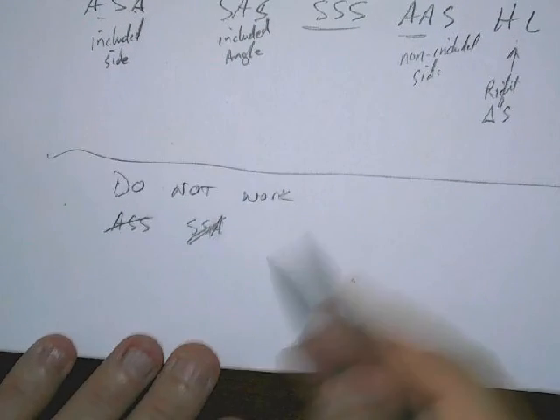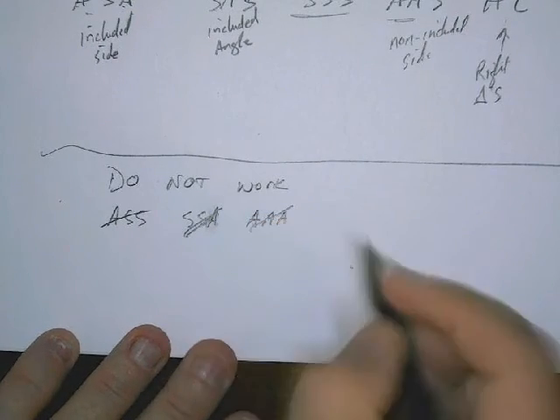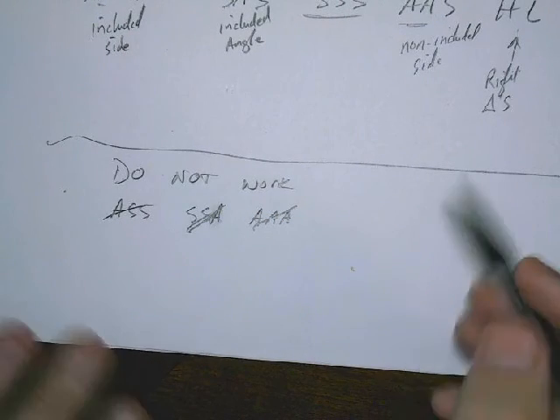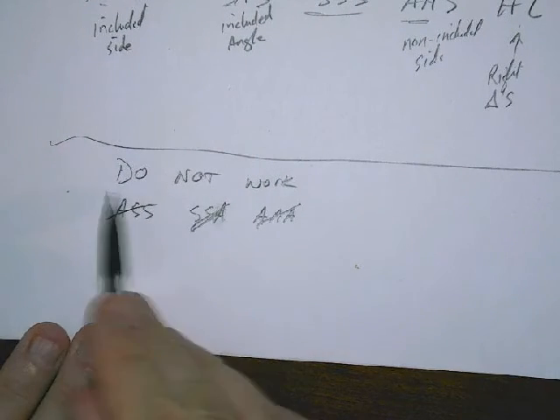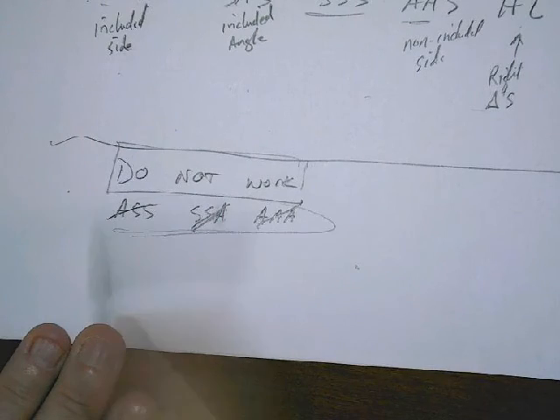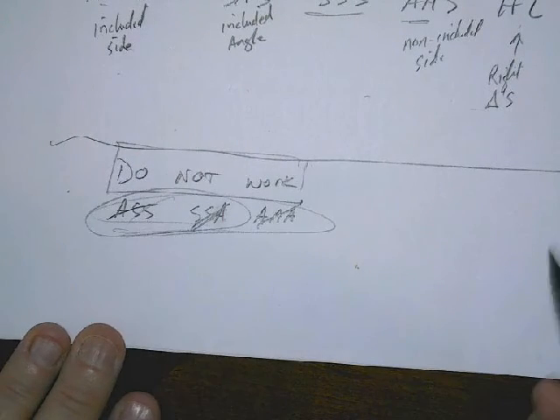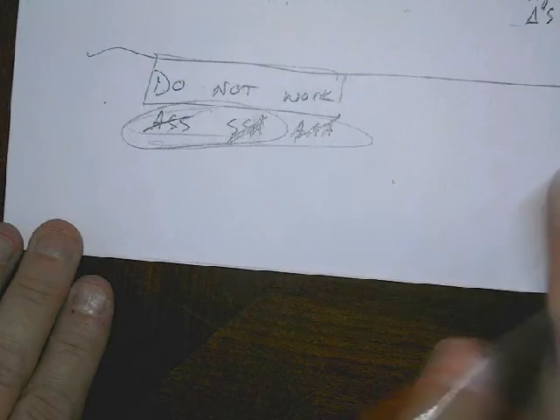And then we've shown that AAA doesn't work. So really, we've got 5 ways that work and only 2 that don't work in proving triangles congruent. All right, so that's a little bit of our review.